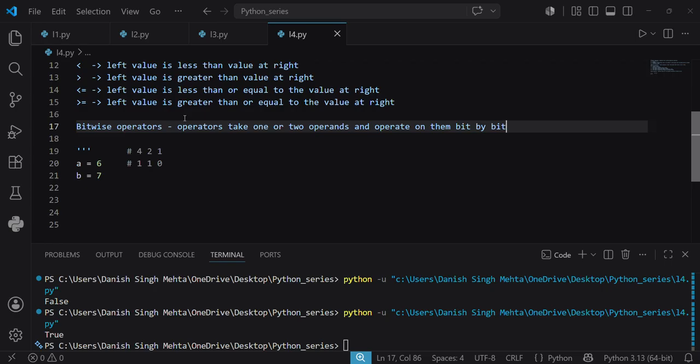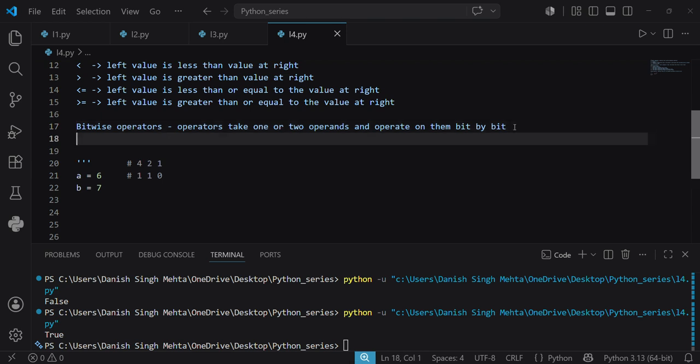So I have told you that they work on the bits of those operands. Here I have operands 6 and 7, which are stored in a and b.